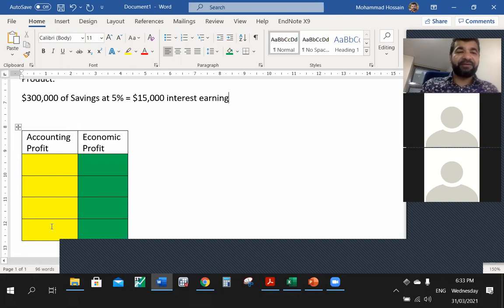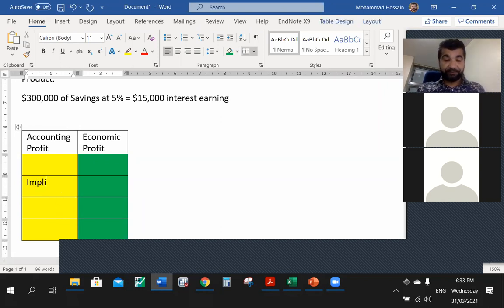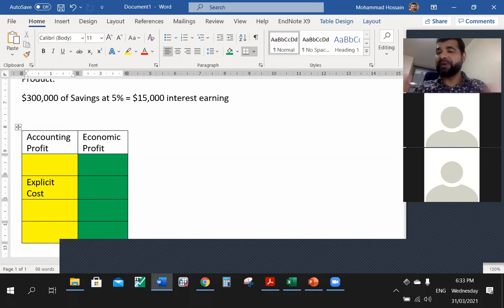Then from the revenue, you subtract your explicit cost, the different costs you paid, salaries and those. The rest of the money is your profit.